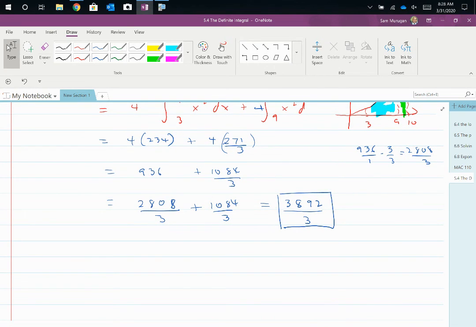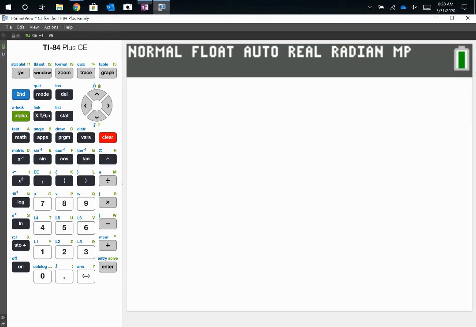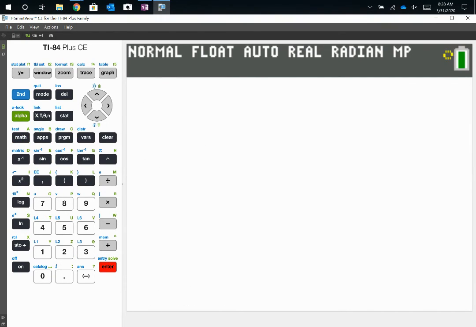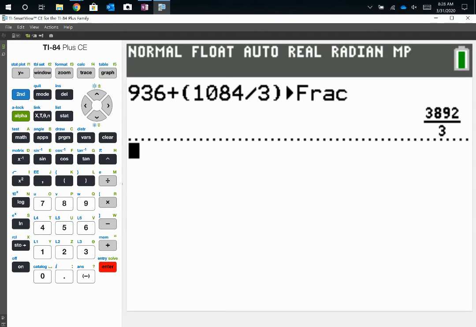Alternatively, you can use your calculator if you're not good with fractions. That would be 936 plus 1084 divided by 3, math, fraction, answer, and get the answer directly as 3892 divided by 3.